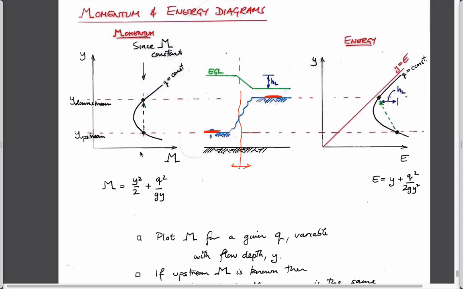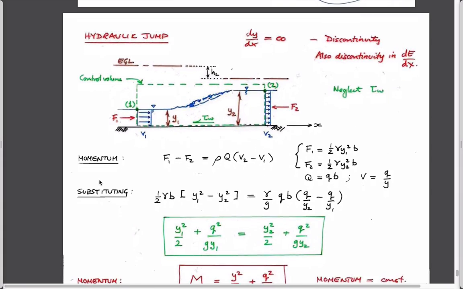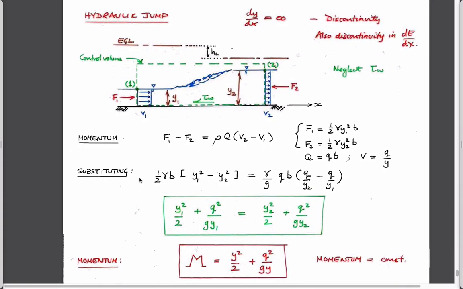And we can define a new quantity, and this new quantity is momentum. And I'll just scroll back up to the previous page. If you remember last time, we did look at conservation of momentum when we looked at uniform flows.